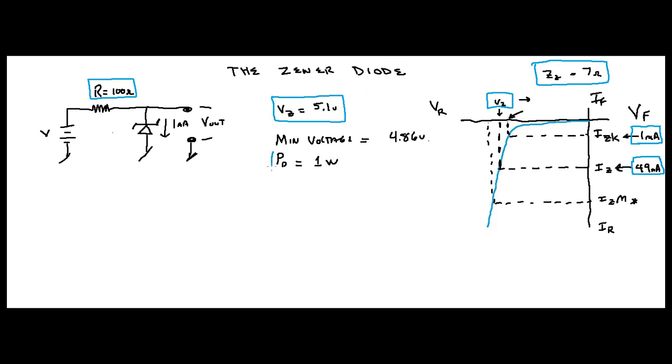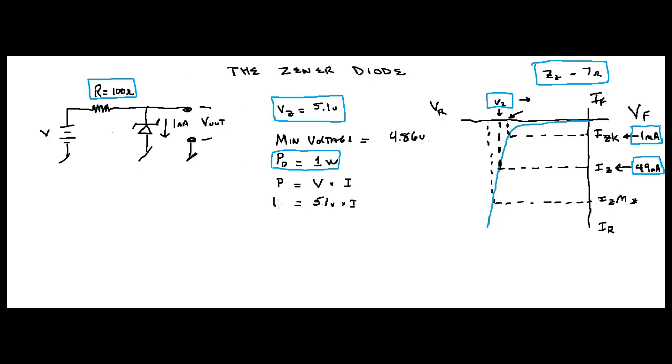Now let's start here, shall we? Our power dissipation, that's given to you, okay? Now if your power dissipation is 1 watt, let's think for a second. Power is equal to volts times current, isn't it? Right? So we know what the voltage is at Z. It's going to be 5.1 volts times I is going to equal 1 watt.